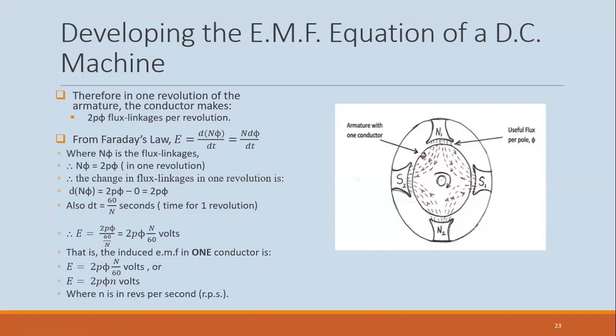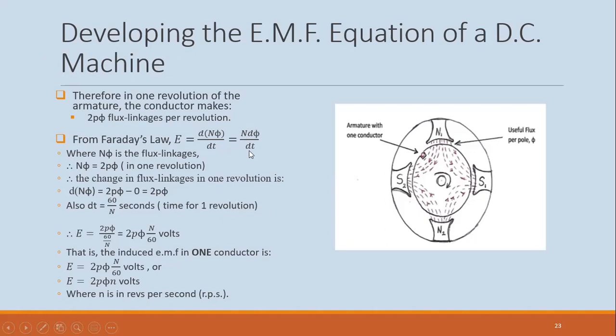I'd remind you a while ago about Faraday's law. E is equal to N d phi by dt, but more technically it is the rate of change of flux linkage. So it's d into N phi divided by dt. But since N is a constant, we can take it out and just leave the factors that are changing.